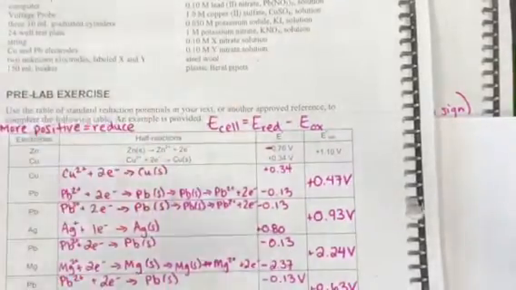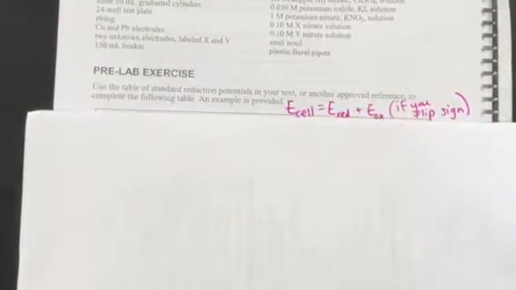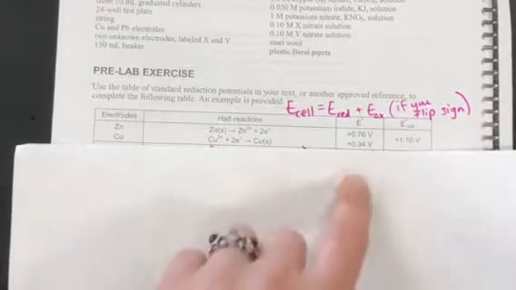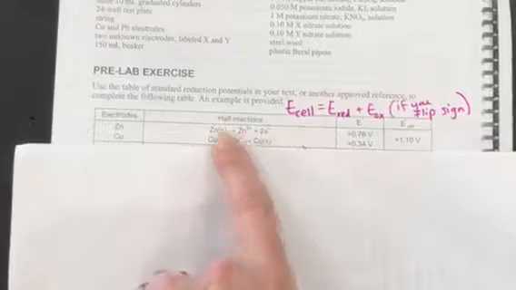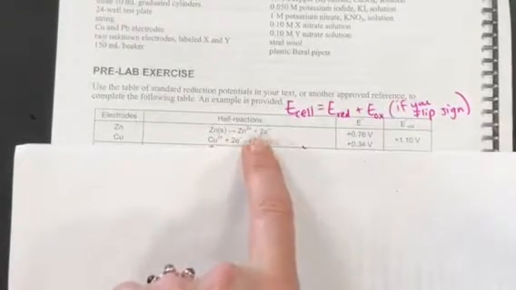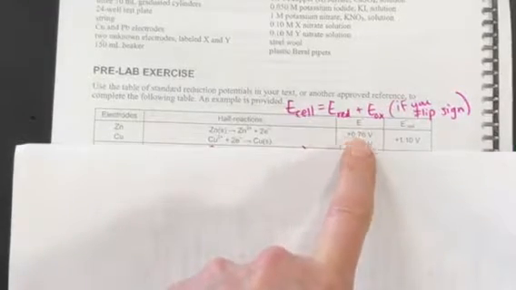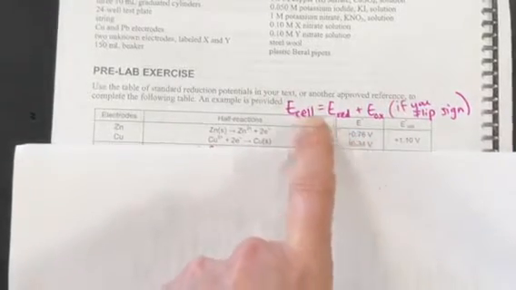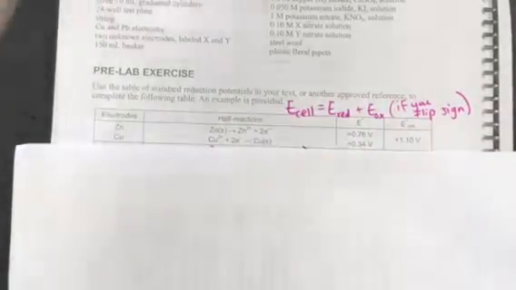If that one's more positive, you're going to be more likely to reduce, so the other one will then oxidize. For example, if you flip the sign, like they did here, they flipped the sign of that zinc because they put it in an oxidation reaction where it was a loss of electrons, and so then they flipped their sign to be 0.76, and in that case you ended up having to add those together. So that's your quick method.